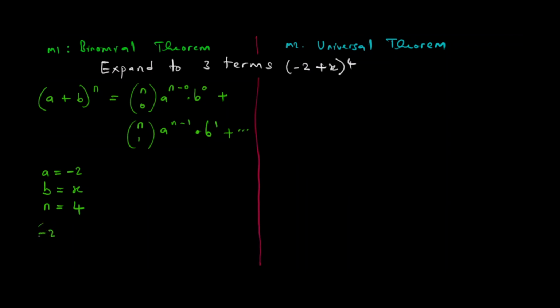We have (-2 + x) to the 4 is equal to, we write our first term, n choose 0, n is 4, so it's 4 choose 0. Our a is -2, so it becomes (-2) to the power 4 minus 0 multiplying b which is x to the power 0. That's our first term.